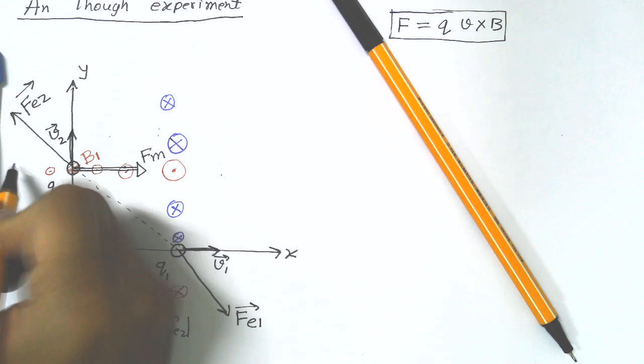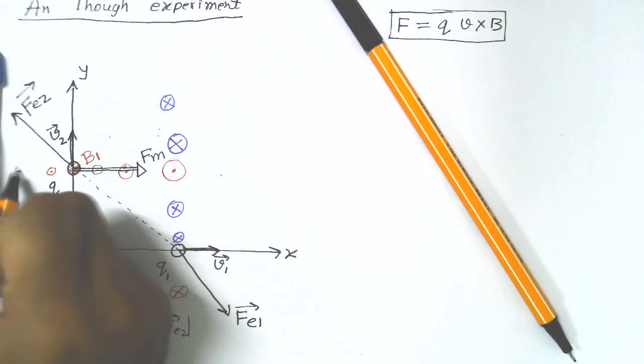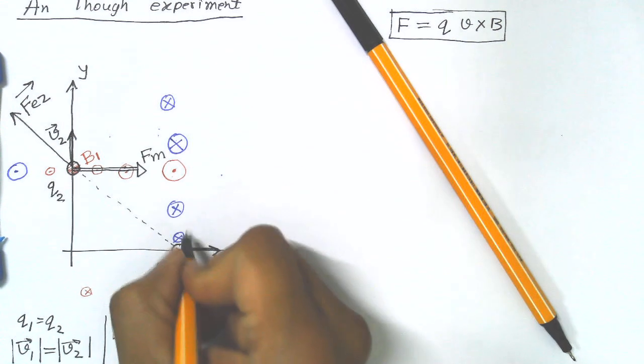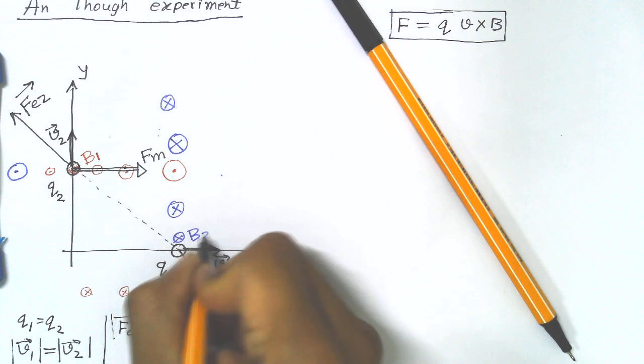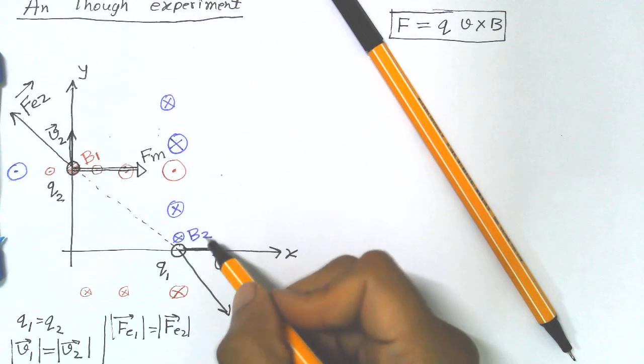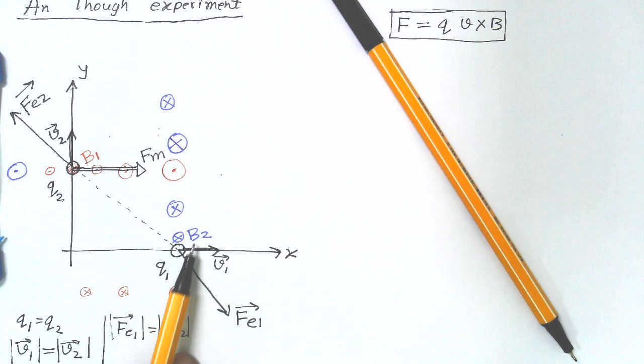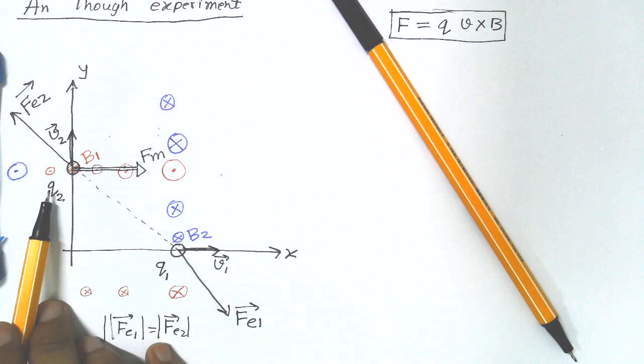And on my left side, the field will be coming out of the paper. Okay, so let me call this B2. Why B2? Because it is created by particle 2. And this is the value of magnetic field near particle 1 created by particle 2.